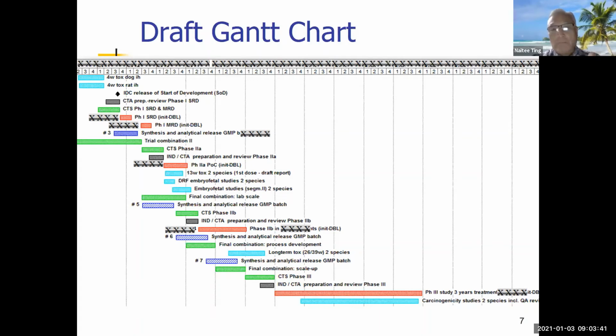Before SOD, before start of development, the drug is under the discovery lab. The scientist is supposed to come up with either a chemical compound or a biologic that will hopefully become a successful drug. So the discovery group's job is to keep coming up with new drugs.